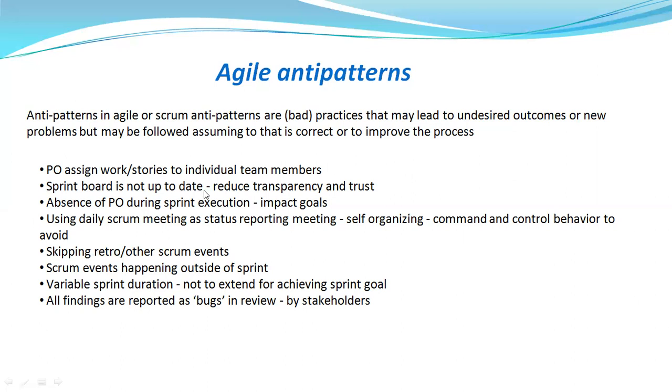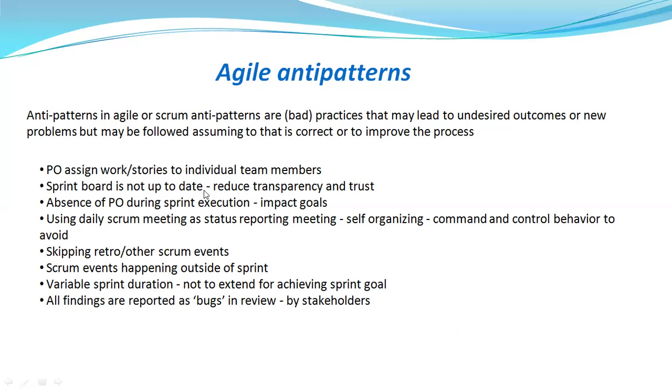The first anti-pattern I have seen is the product owner, and I'm speaking about the Scrum team particularly. The product owner will assign the work or the stories to individual team members. I'm talking about a mature Scrum team, which is supposed to be self-organizing and cross-functional. Self-organizing in the sense of self-managing.